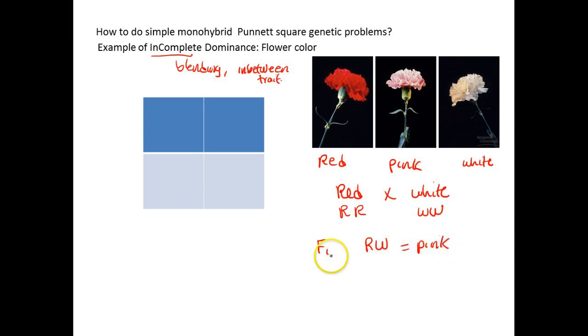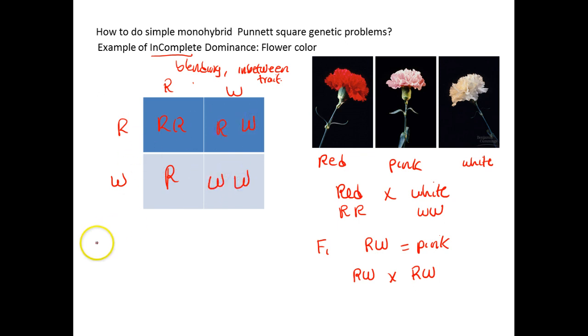Now what would happen if you mate a pink with pink? One parent would have a red gene and a white gene, and a red gene and a white gene for the other parent, and you bring it all down and across, and the possible genotypes are RR, RW, WW.